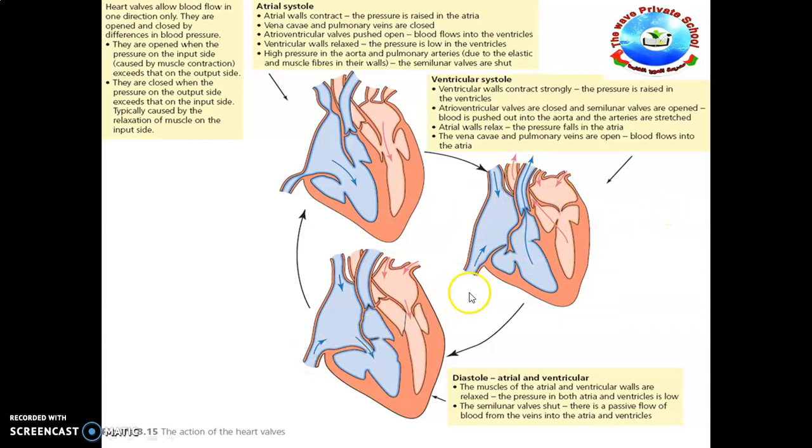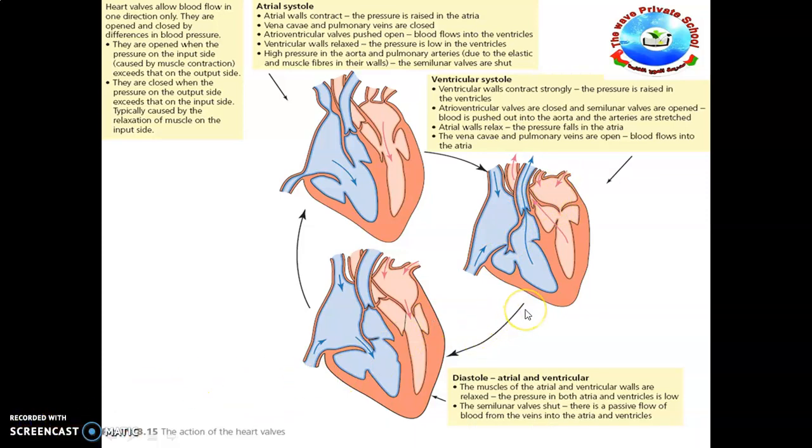Then the atria relax, because the pressure falls in both the atria. Then the vena cava and pulmonary veins will be opened. Then finally the blood flows into the atria.